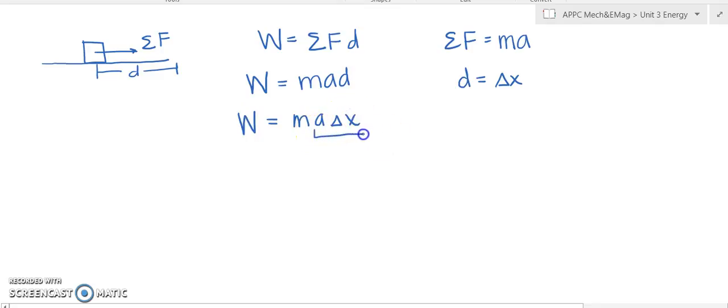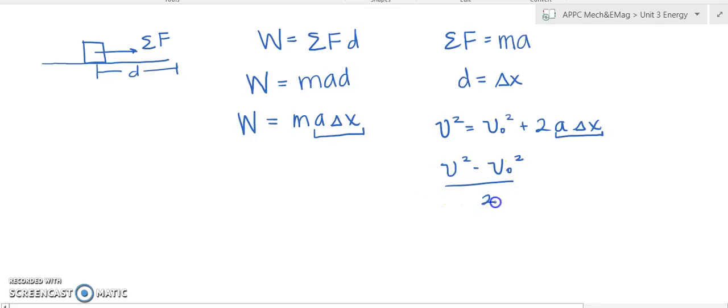And a delta x reminds me of v squared equals v initial squared plus 2a delta x. Do you see that? So then v squared minus v initial squared divided by 2 would be our a delta x.